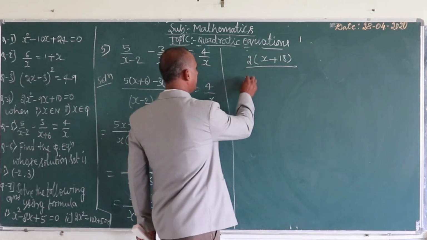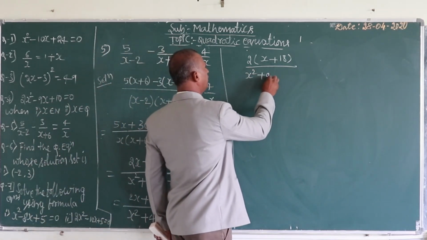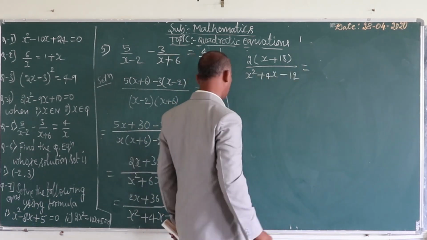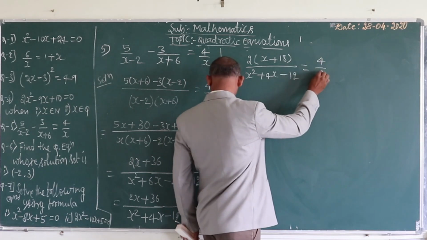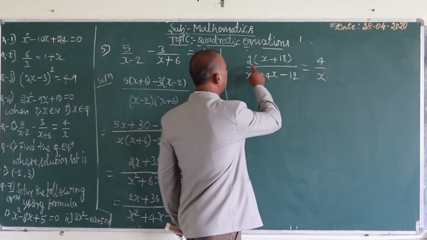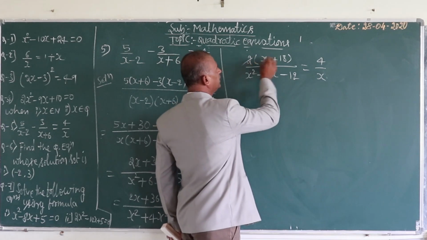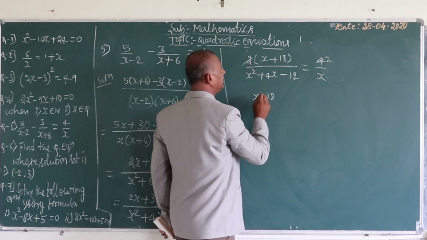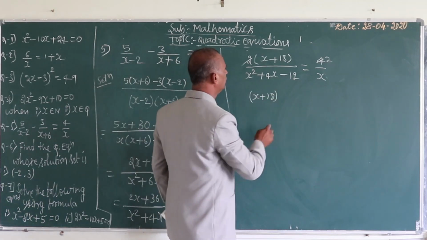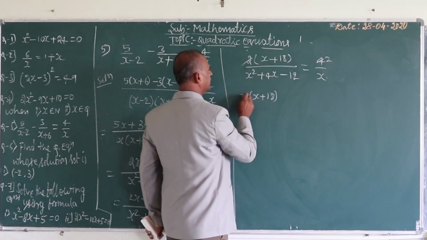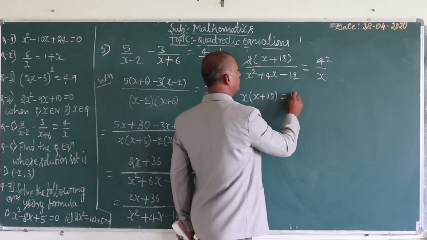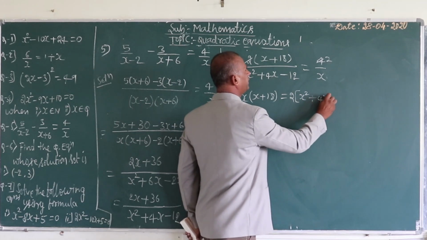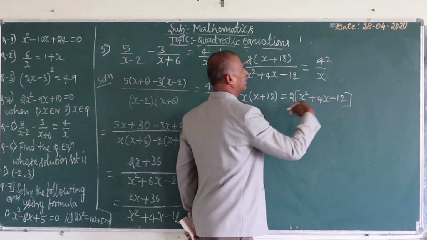X square plus 4x minus 12 is equal to 4 by x. Now x plus 18 into x is equal to 2 into x square plus 4x minus 12.